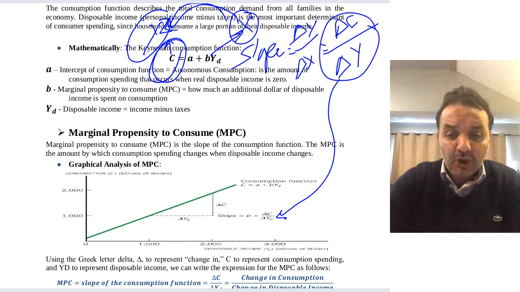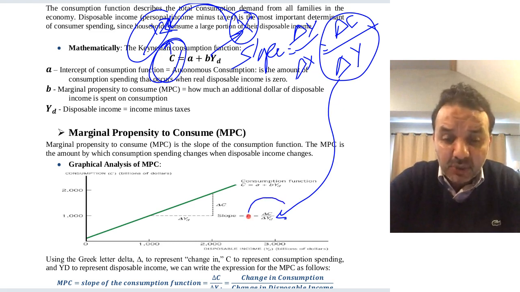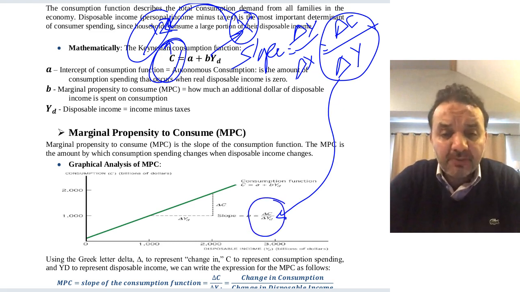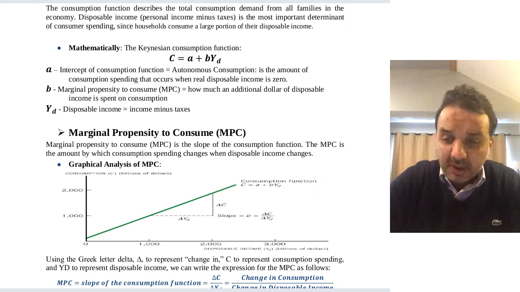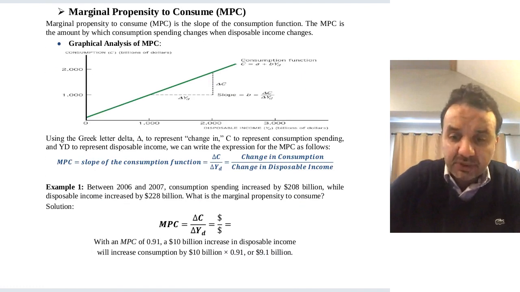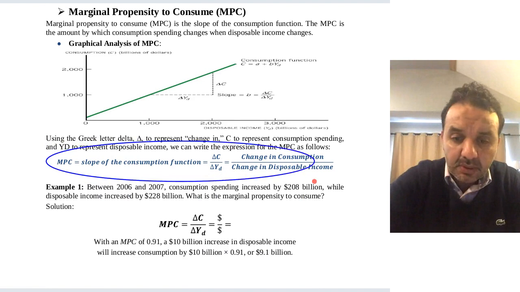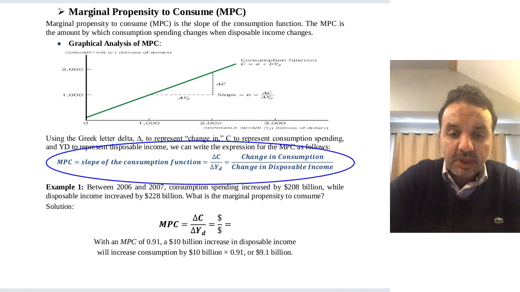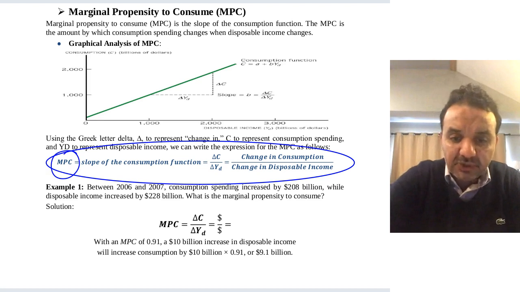So the slope of the consumption function equals the change in consumption divided by the change in income. And as I said, it's going to be positive. So marginal propensity to consume equals the change in consumption over the change in income.